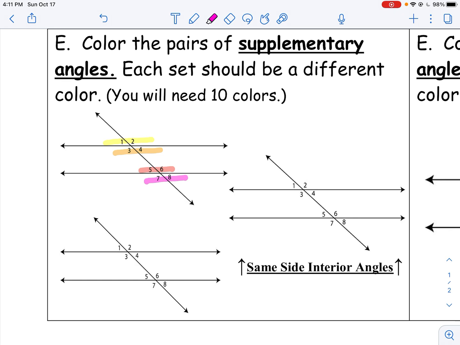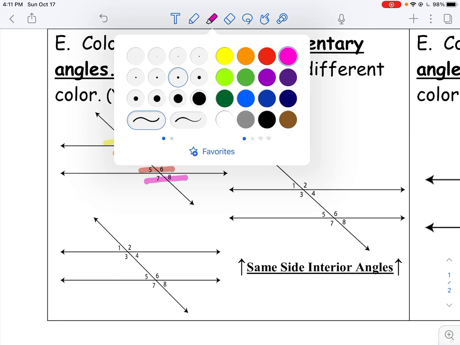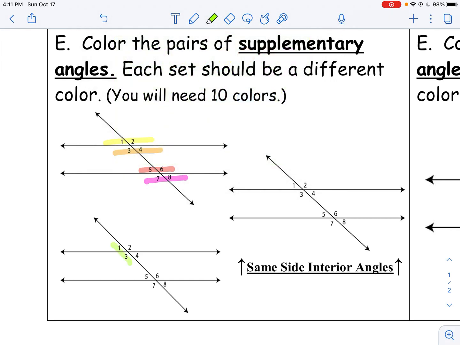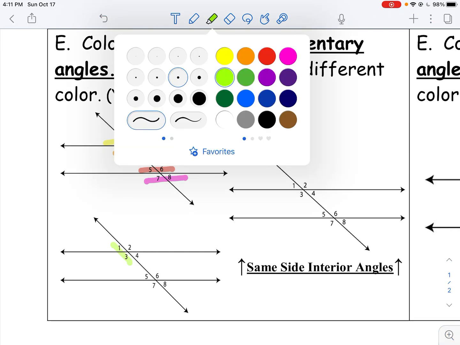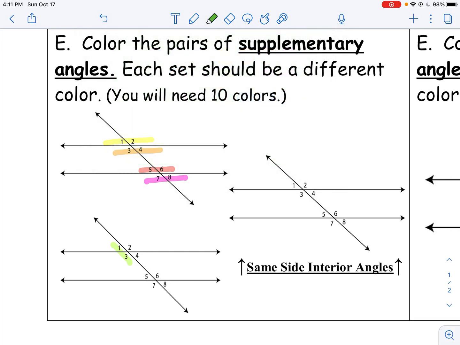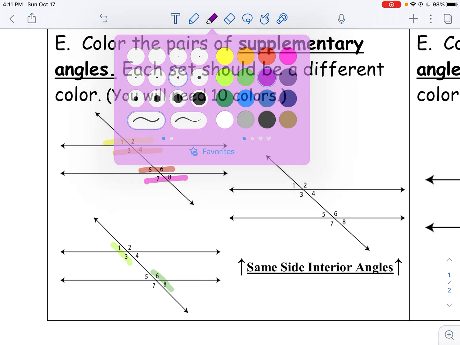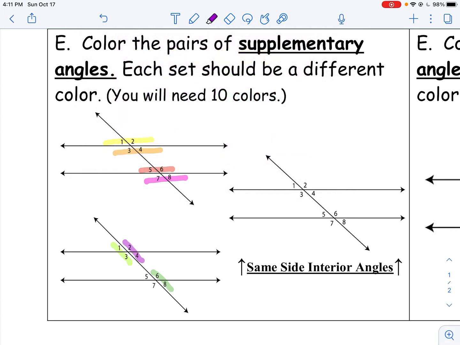These make supplementary. Okay. These make supplementary. I purposely did it so the green was somewhere else. These make supplementary. These make supplementary.